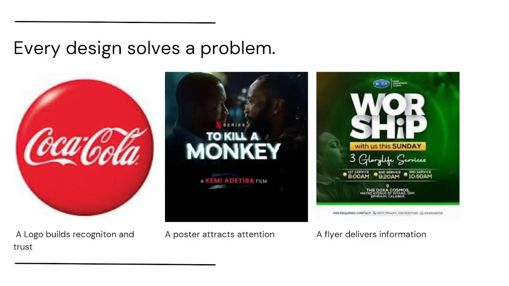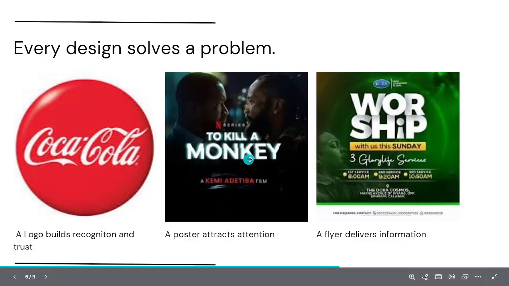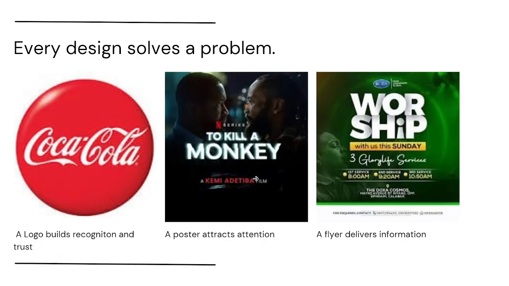For example, movie posters like To Kill a Monkey, which was released maybe last year or 2024. This is their poster. The reason we have posters for movies is to raise awareness and steer us to want to watch the movie. This year, there are still going to be a lot of movies, and some of them have been dropping their trailers already, and they are definitely going to have posters for that too.